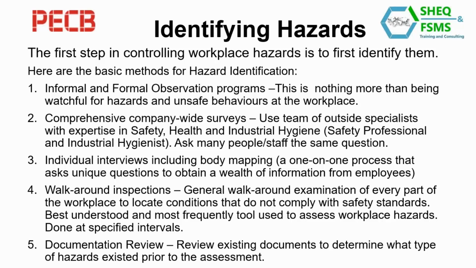Best understood and most frequently used tool to assess workplace hazards. This is done at specified intervals. Documentation review. Review existing documents to determine what type of hazards existed prior to the assessment.